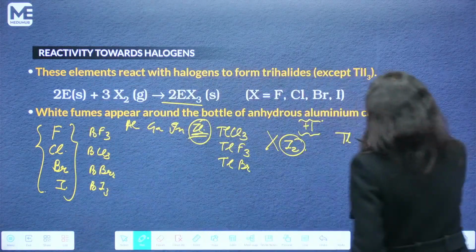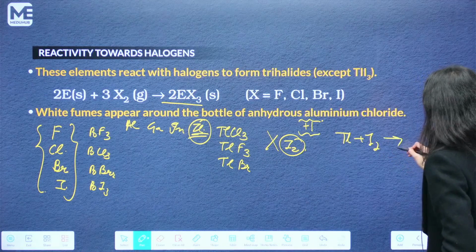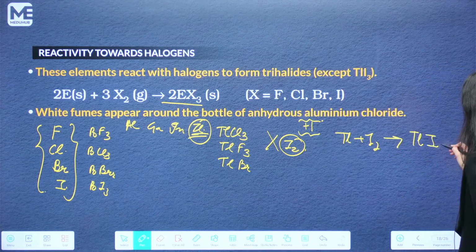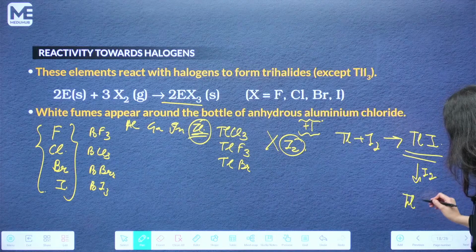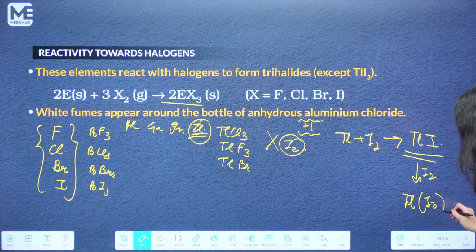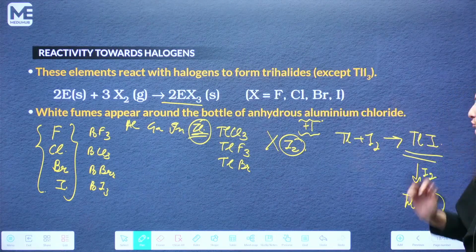Thallium with iodine forms thallous iodide. This, when further reacting with iodine, gives us this compound TlI3, but this is a very unusual compound.